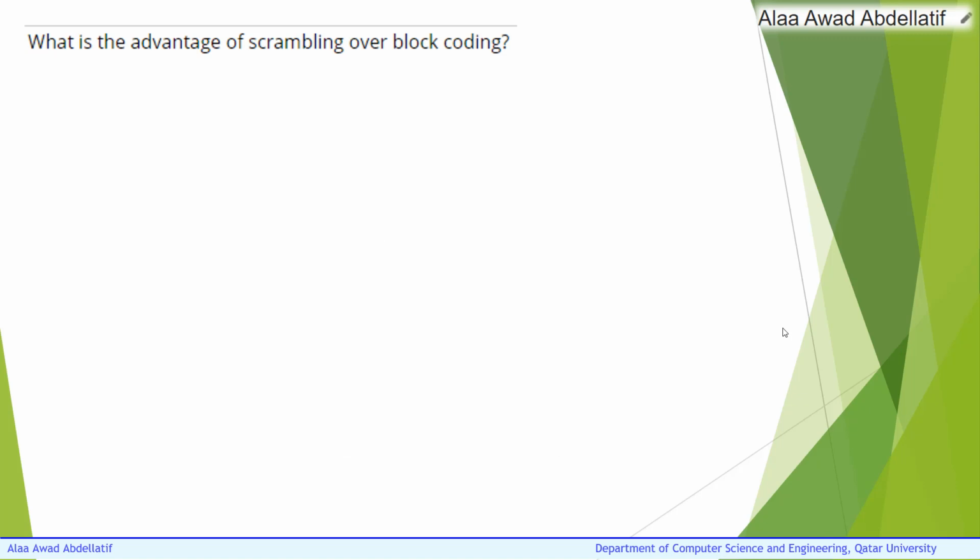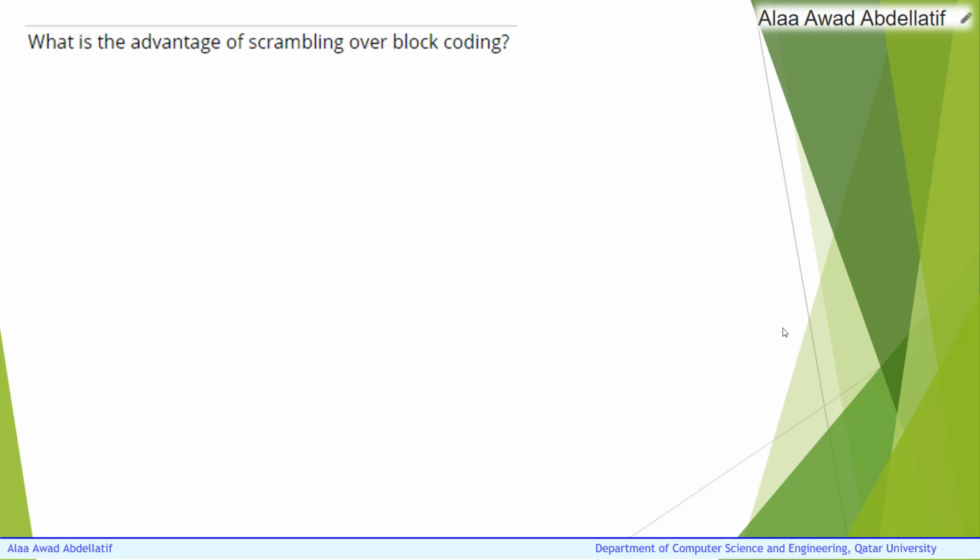What is the advantage of scrambling over block coding? Both block coding and scrambling remove DC effects by replacing some bits with another code. Both of them remove the DC component and provide synchronization by exchanging the bits. But what's the difference between scrambling and block coding?